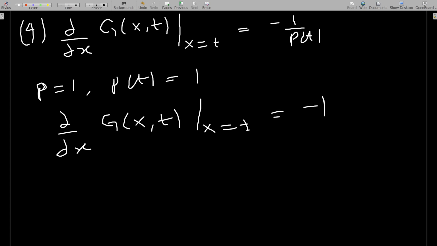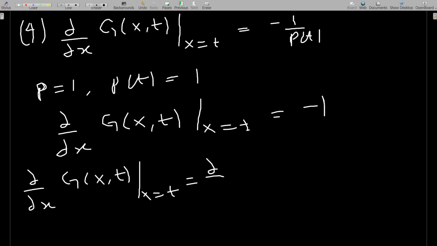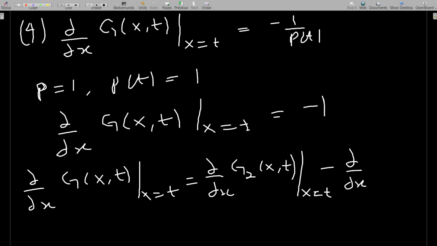And we say that del x of g of x,t for the piecewise function at x equals t is equal to del x of g2 of x,t at x equals t minus del x of g1 at x equals t.